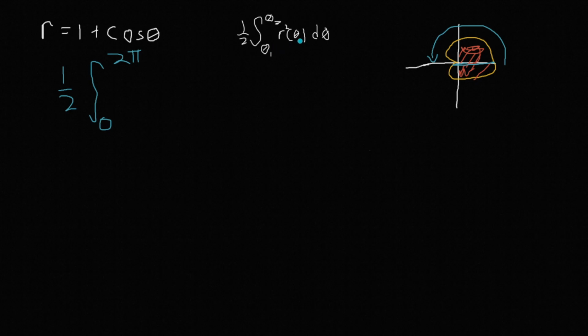And so our next step is to say r of theta d theta. So we do 1 plus cosine theta, the quantity squared, d theta. And then you could type this into your calculator and you would get approximately 4.712.